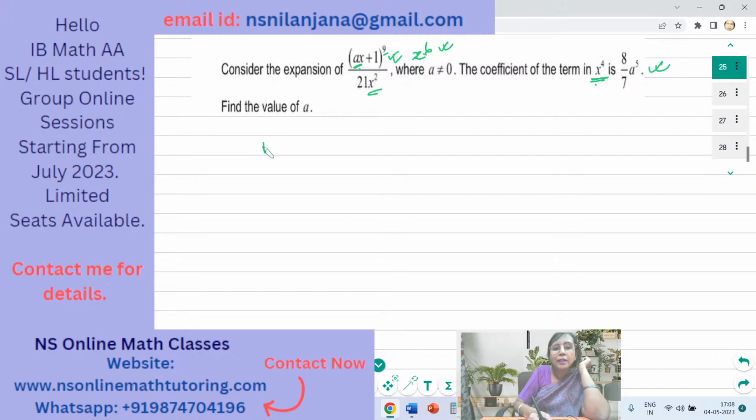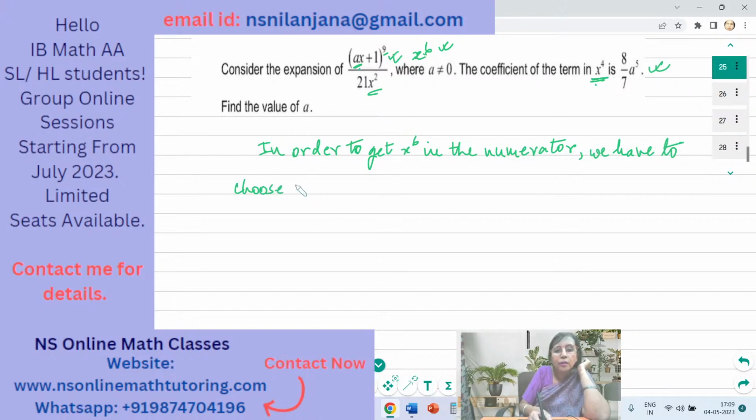So we can write, in order to get x to the power of 6 in the numerator, we have to choose the fourth term of the expansion.